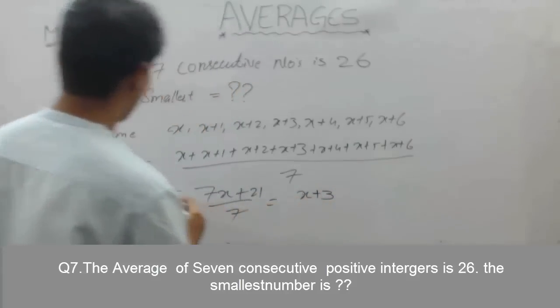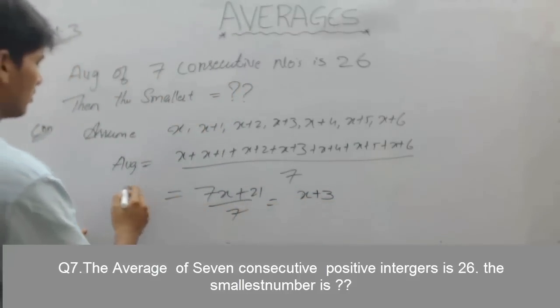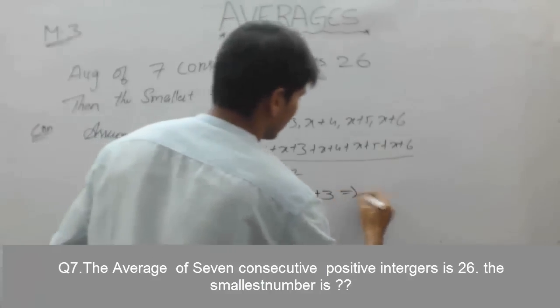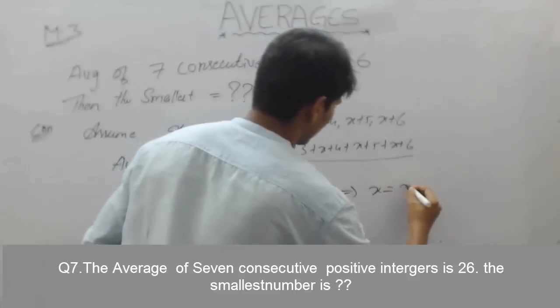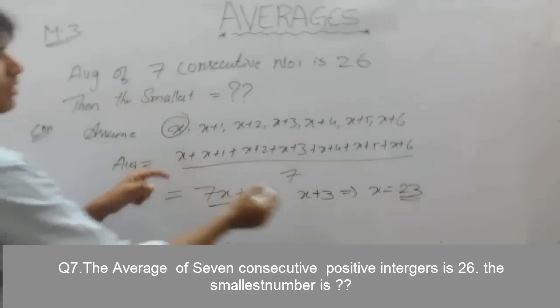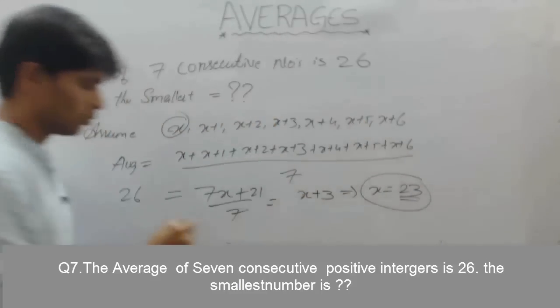The average is 26, so 26 is equal to x plus 3, and x is equal to 23. So the smallest number is x, which is 23.